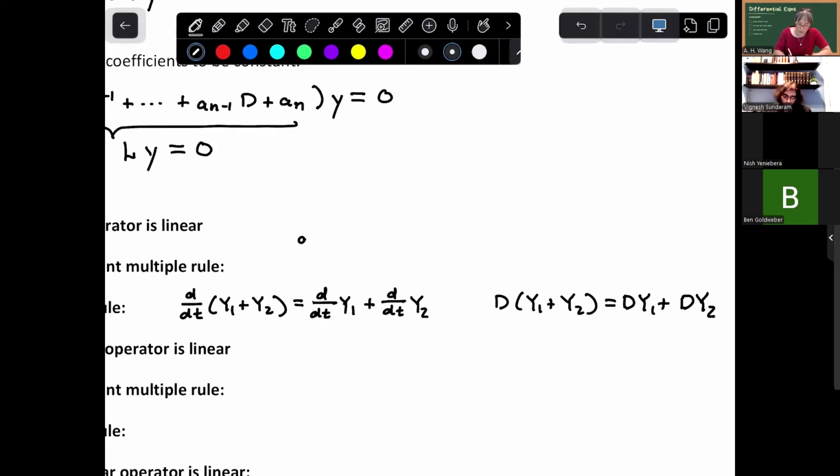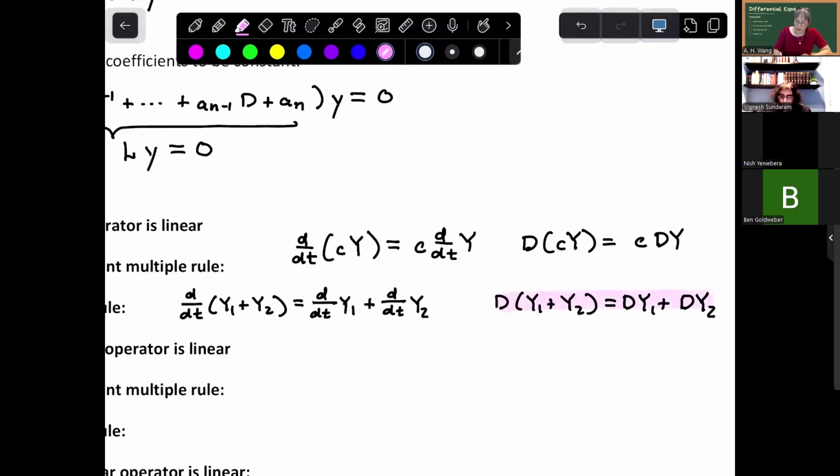And then notice also, do you guys remember when you take the derivative of a constant times a function, the constant can go out in front, right? So another way to write that is d of cy, and that is equal to take the derivative first and then multiply it by the constant. Now, when you write it this way, if you've taken linear algebra, here you add and then you take the derivative, and here you take the derivative and then you add. Here you scale by the constant and then take the derivative, and here you take the derivative and then scale it.